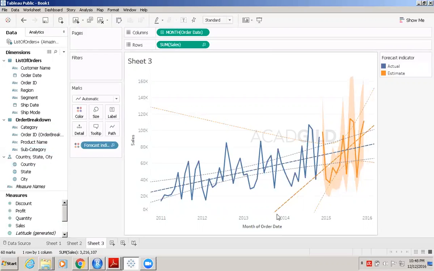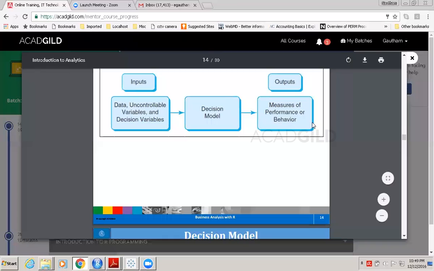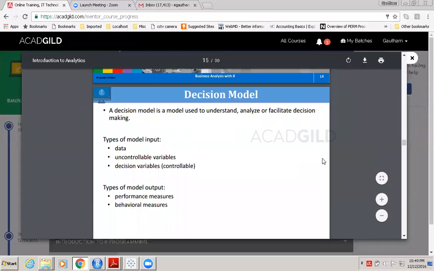You don't know how much quantity of items is going to be sold. Whereas controllable variables are your country, your state, your city, the places where you're doing business, and the products that you're selling. Those are all controllable variables, correct? When that information is passed to a decision tree, you get the output in the form of a decision. So a decision model is a model used to understand, analyze, or facilitate decision making.